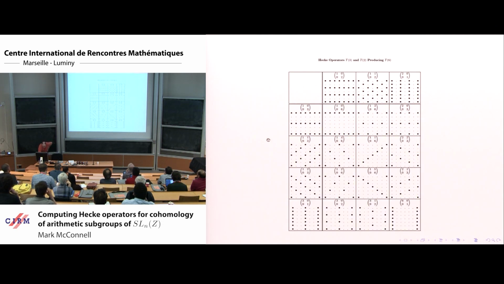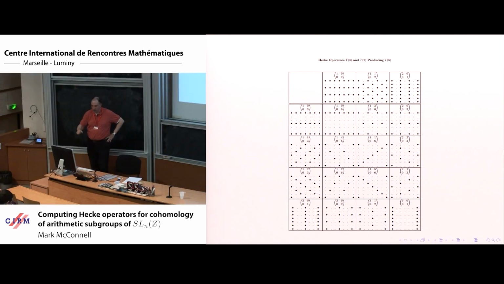So, okay, on the top row here, I've got the 3 sublattices of index 2. I fix a lattice, it happens to be the square lattice. So there are 3 ways to take a sublattice of index 2, like horizontal rows, vertical rows, and the checkerboard. There's 4 ways to take a sublattice of index 3, horizontal, vertical, and 2 different slopes.